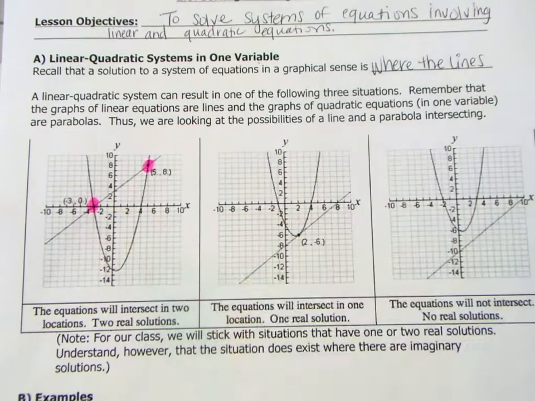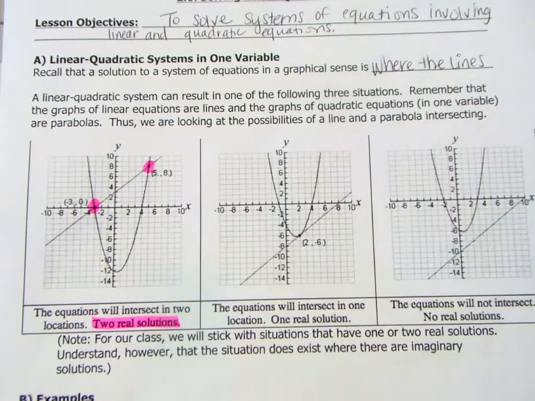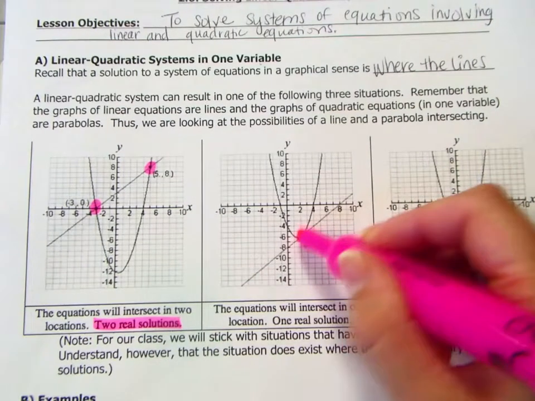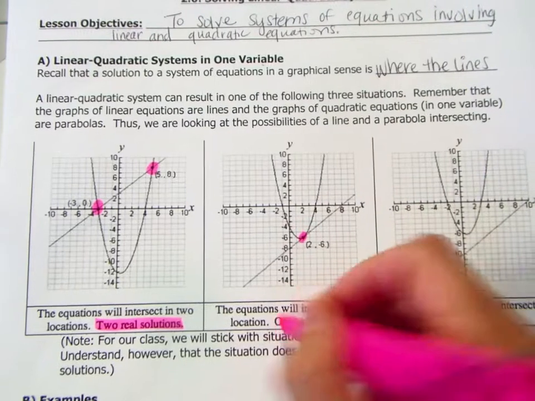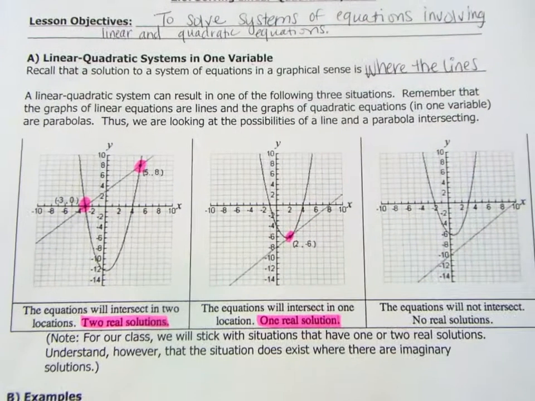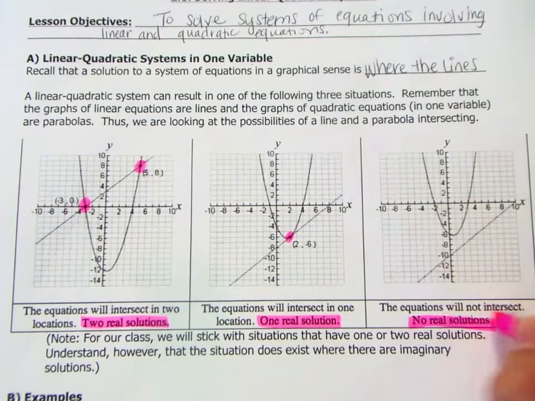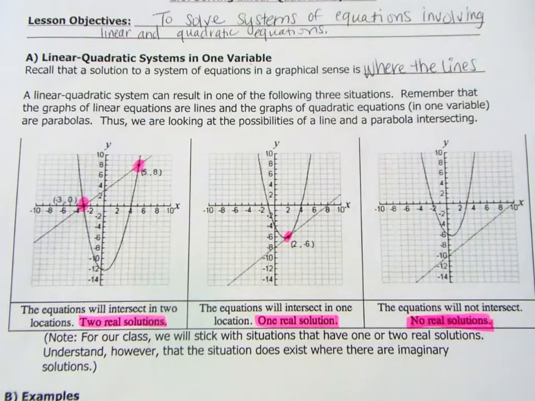So there and there. Those are two real solutions. Your line could intersect your parabola in one location. That would be one real solution. And then you could have the situation where your equations do not intersect. So in that case, we would have no real solutions.